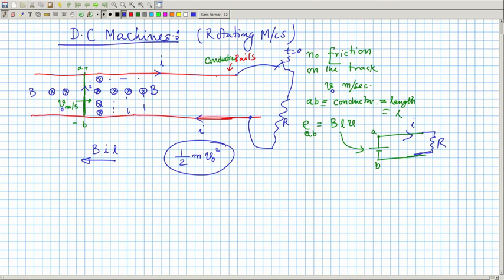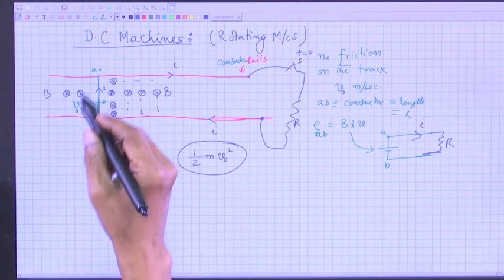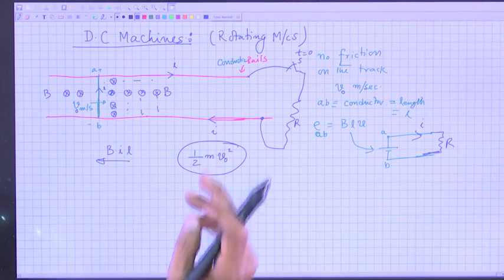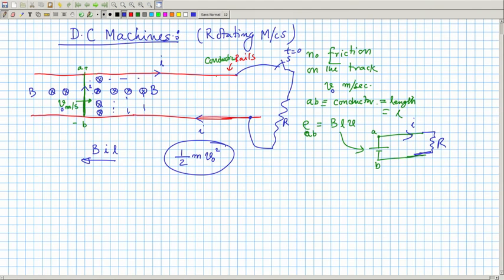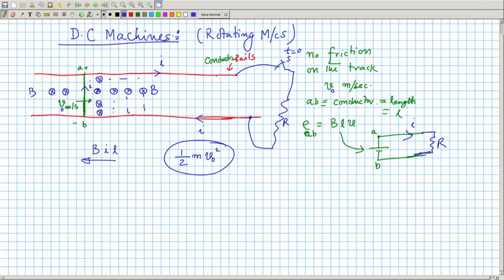But when you close the switch, the energy is extracted from its kinetic energy and dissipated here, and that kinetic energy was finite. Therefore, finally it will become 0, all the energy will be dissipated here. So, this example, if I mathematically analyze, will enhance our physical understanding in a much better way.